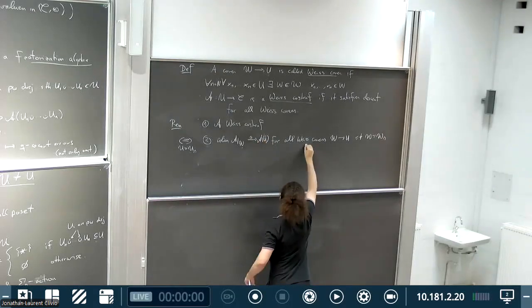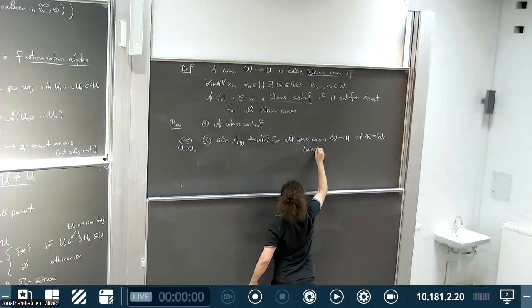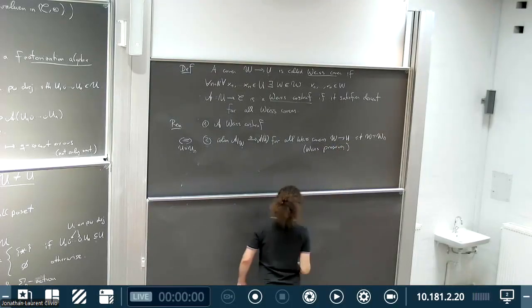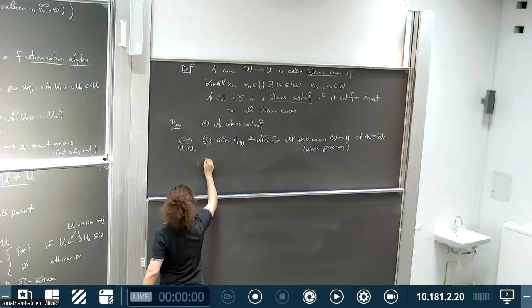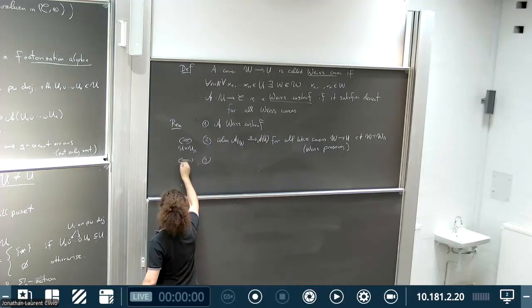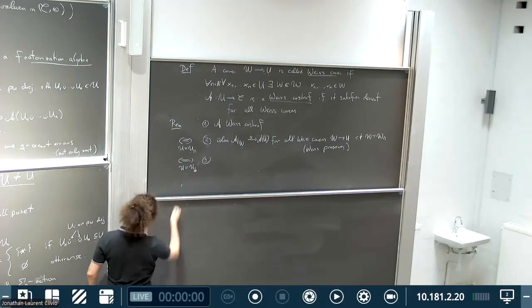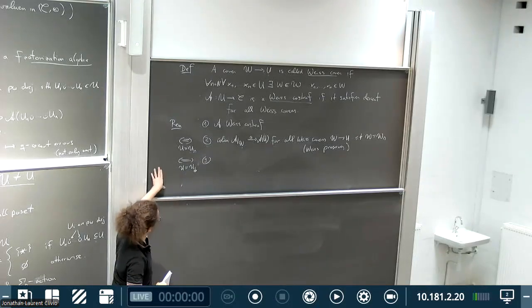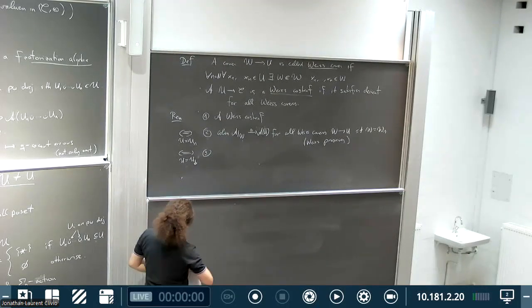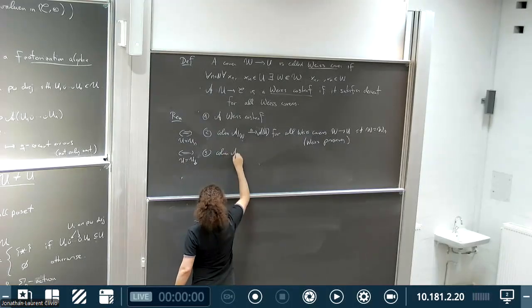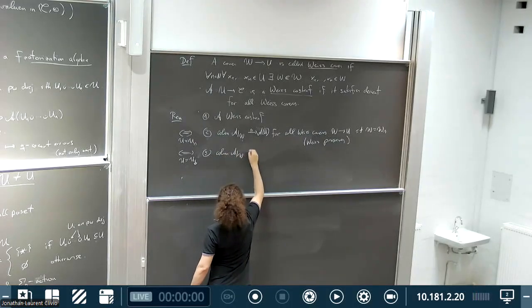In such cases, I will just call them Weiss pre-sheaves. And then if U is even downwards closed, so if it contains everything that is smaller than an element that it already contains, then one can write it also like this.